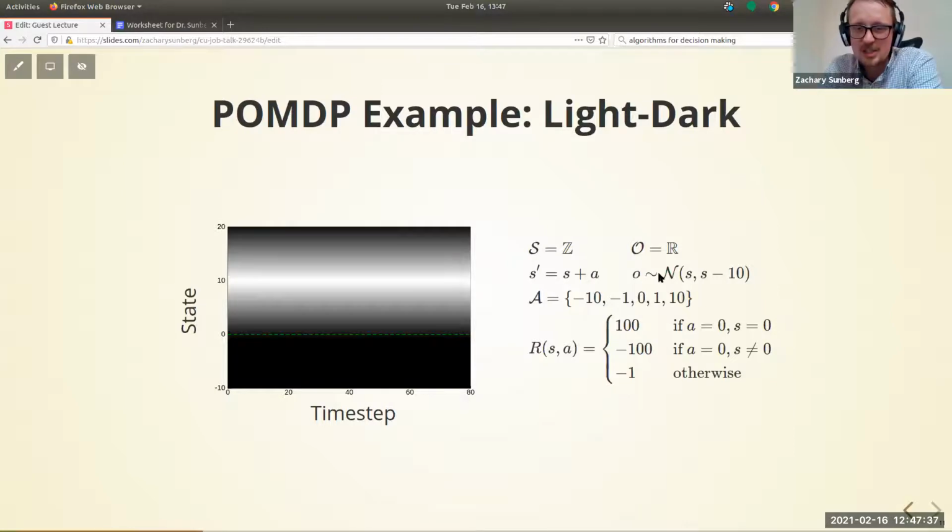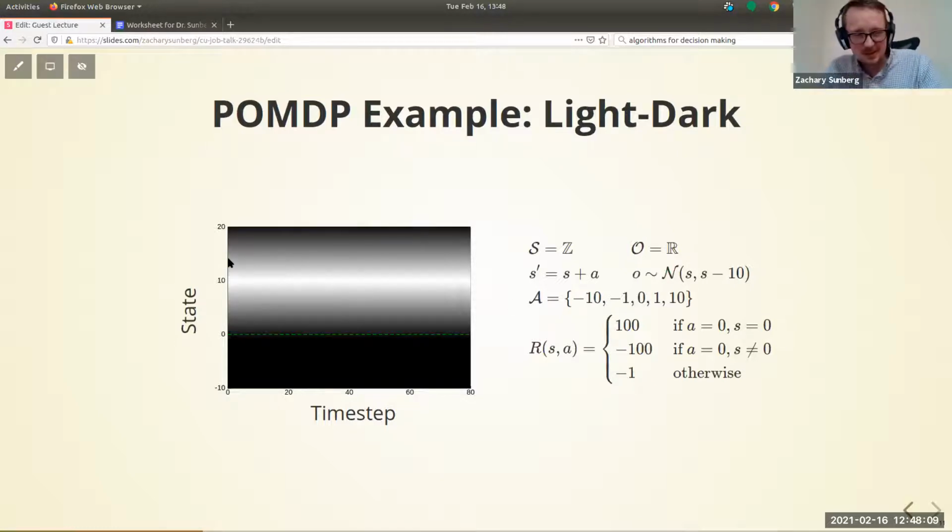And then our observation is normally distributed with a mean around the true state and a standard deviation that, this should actually have an absolute value on it, is 0 at state 10, but grows the further it gets from state 10. So in this light region, we get accurate observations, but in the dark region, we get poor observations.